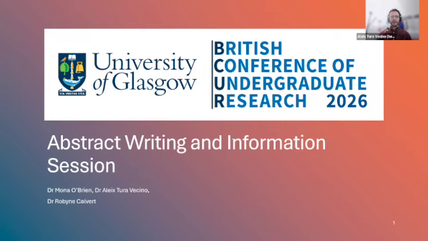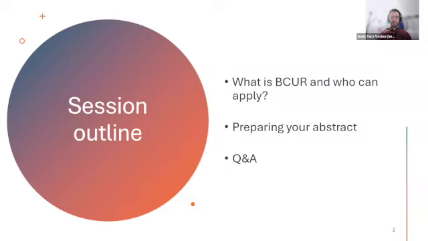First things first, let's see if my slides want to move. There you go. Things that we'll be covering today include what actually is BCUR, a bit of an introduction to the conference and who can apply, so the eligibility criteria.